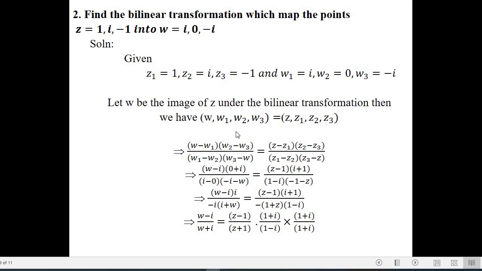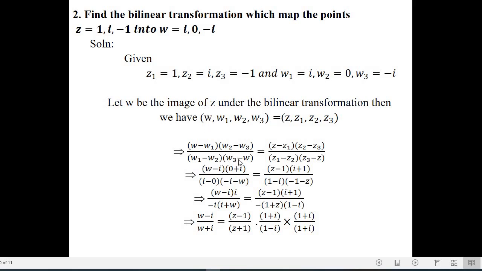Now how to write this bilinear transformation? This can be written as first term minus second term, that is w minus w1, into third term minus fourth term, that is w2 minus w3, whole divided by second term minus third term, that is w1 minus w2, into last term minus first term, that is w3 minus w.